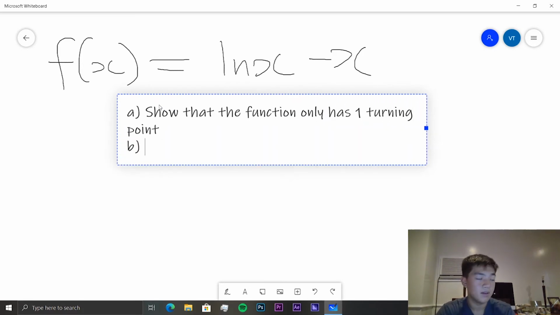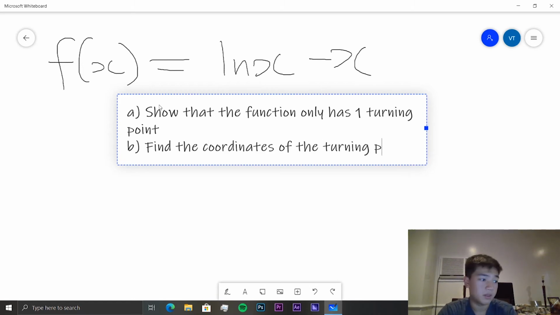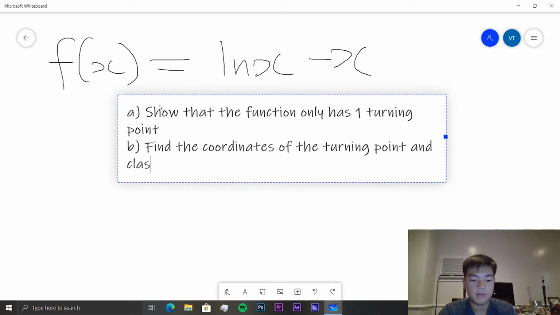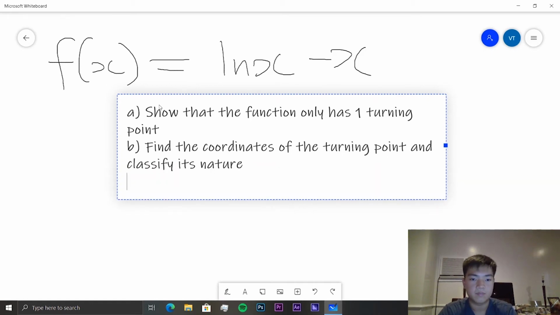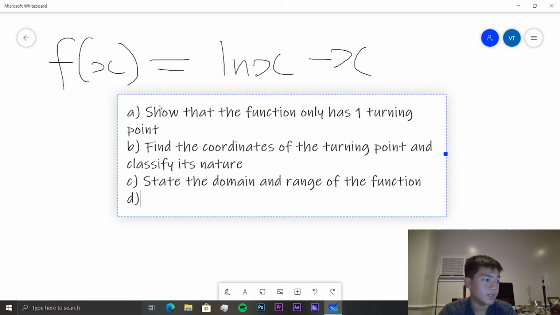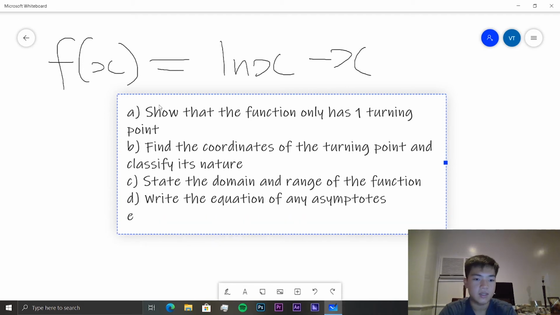B, find the coordinates of the turning point and classify its nature. C, state the domain and range of the function. D, write the equation of any asymptotes. E, sketch the curve.